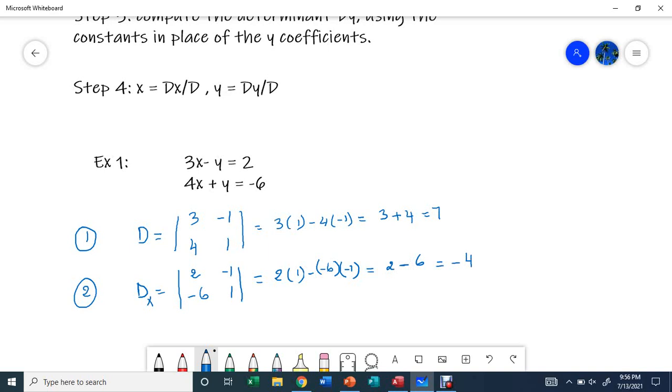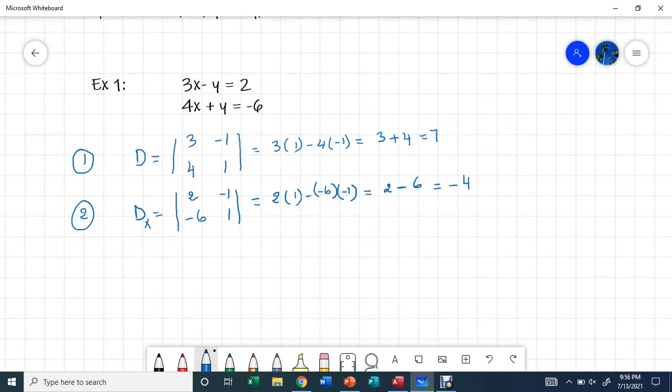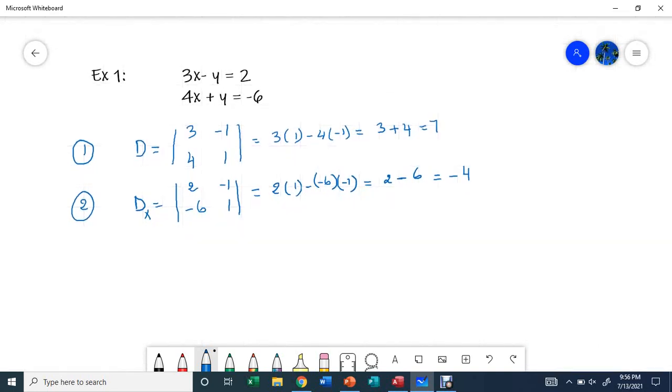And now the third step, finding Dy by replacing the coefficients of y by the constants. So leave the coefficients of x as is, so 3 and 4, and now replace negative 1 and 1 by the constants 2 and negative 6 and compute the determinant.